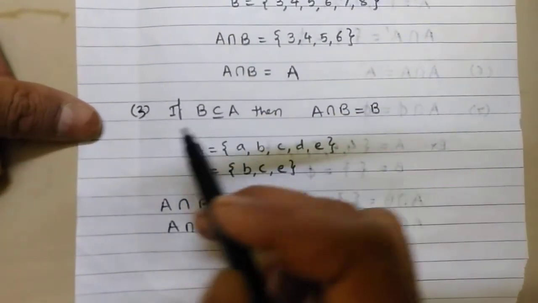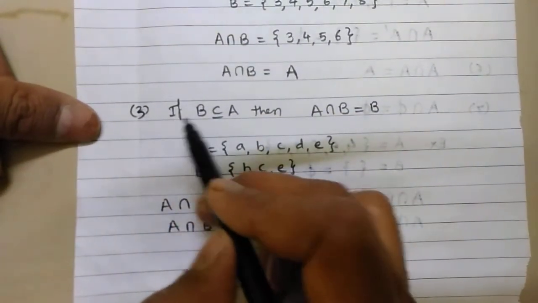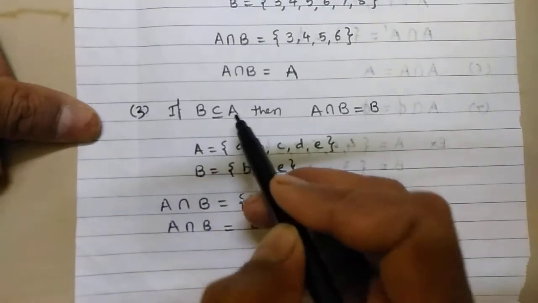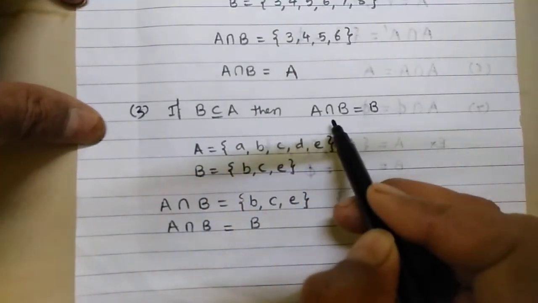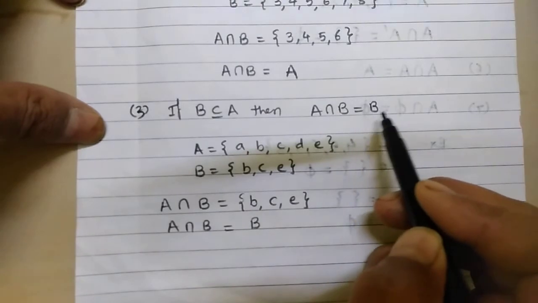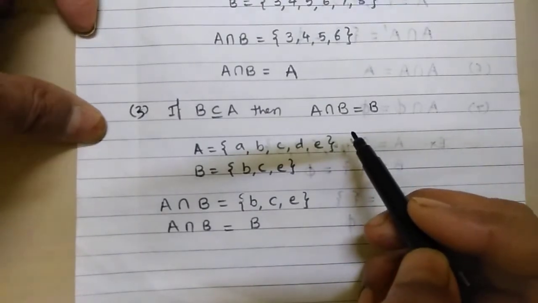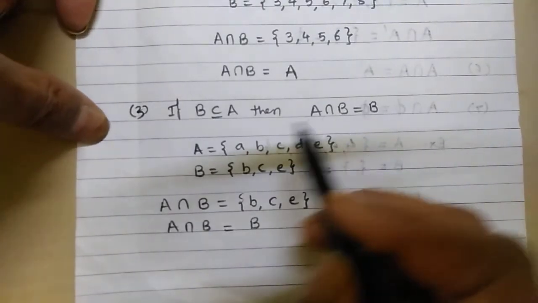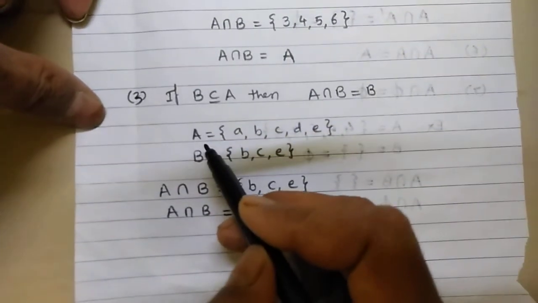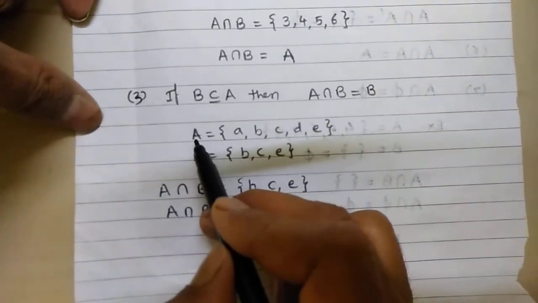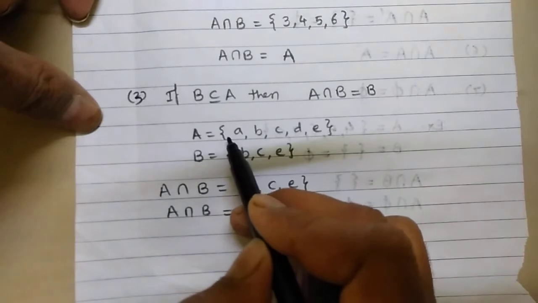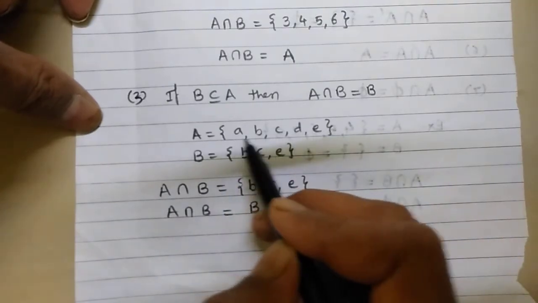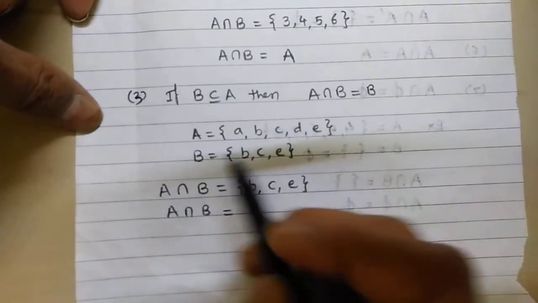Same like this, another property. If B is a subset of A, then A intersection B is equal to B. To learn this property, I have prepared the sets. A is equal to, in curly bracket, the elements I have written here: a, b, c, d, e.